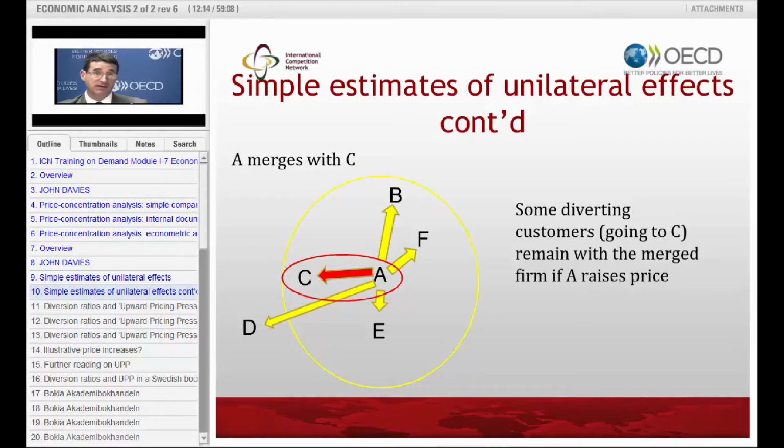Now, since before the merger A was just at the point where it did not want to raise prices, post-merger it will have an incentive to raise prices. And the question we're interested in is whether it has an incentive to raise prices a lot or only a little.